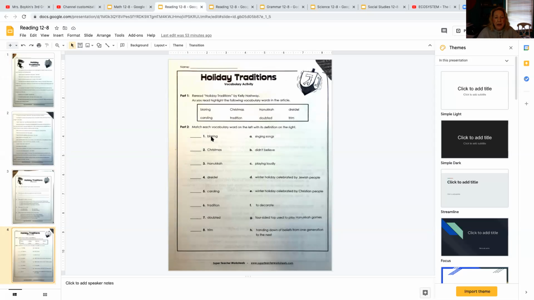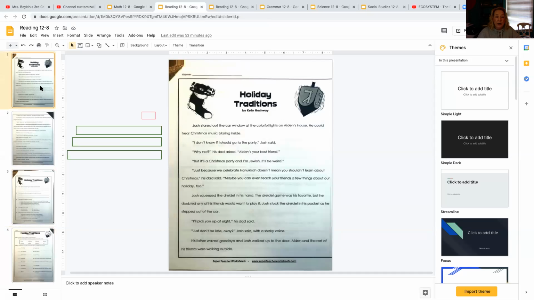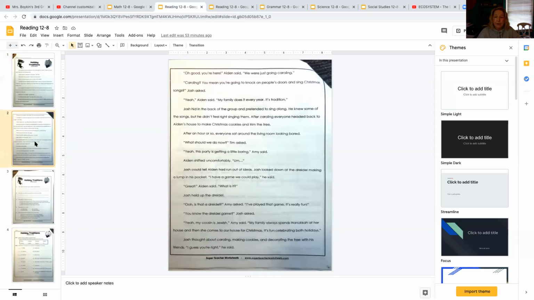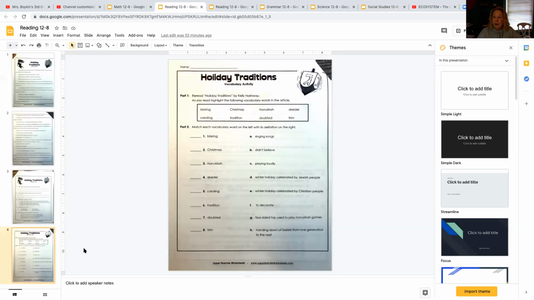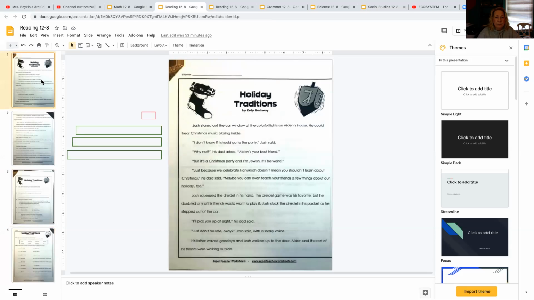So you can read the story. I suggest reading the story, all of it the first time. Read the whole story. Then you can flip back to your vocabulary page and look at the first word is blaring. So let's go look at our story.